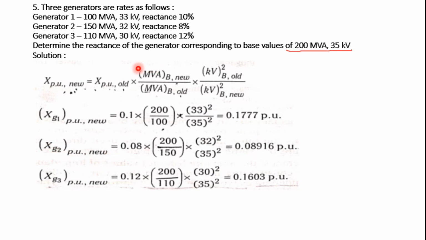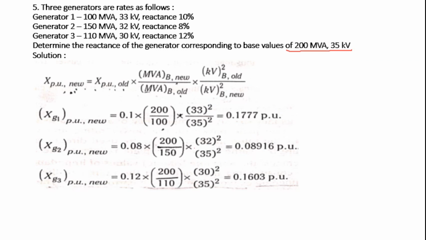And for generator 2, x per unit new value is equal to x per unit old value, a reactance of 8 percent, 8 divided by 100, you will get 0.08. The new MVA value is 200 and the old value is 150 MVA, into the kV base squared: the old value is 32 kV and the new value is 35 kV, squared.